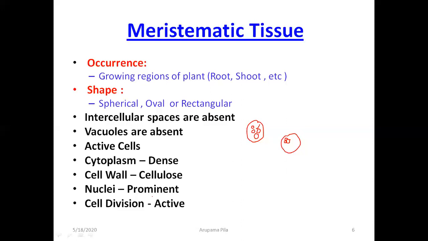Because the cell has to undergo cell division, and we read that in cell division the nucleus has a very important role. That's why the nucleus is prominent here, and cell division is very active. So these are some of the characteristics of meristematic tissue.